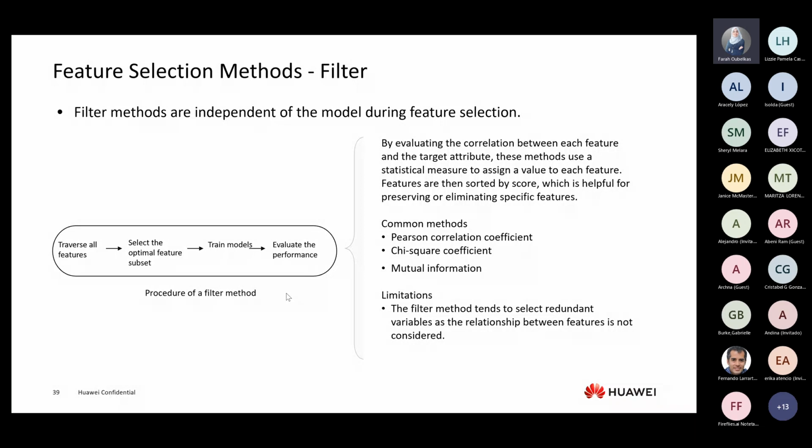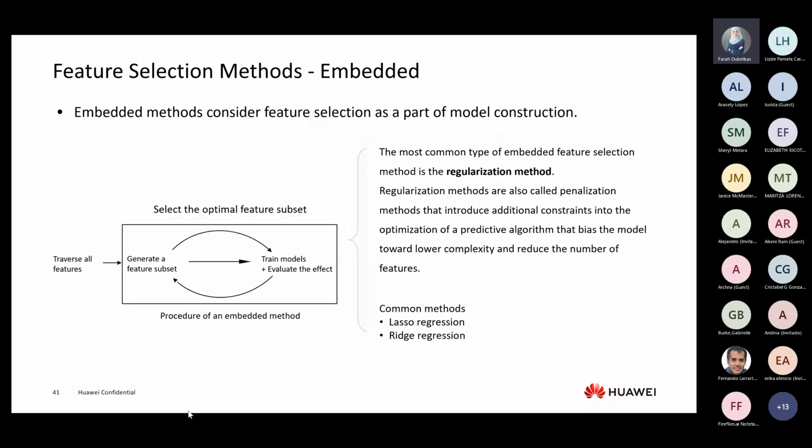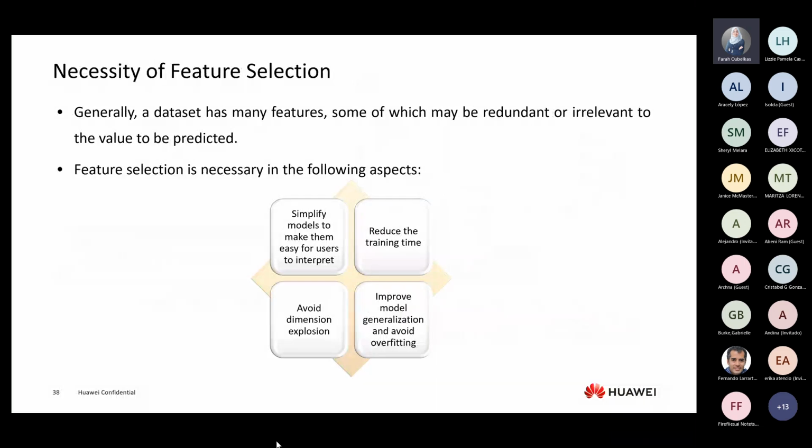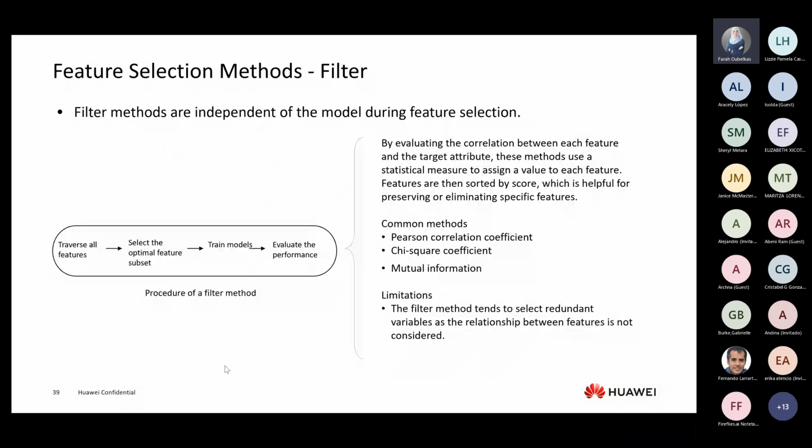So when we are talking about supervised methods, there is filter, there is wrapper, and there is another type, embedded. So these are the supervised feature selection methods. And in unsupervised, we only have the correlation method.